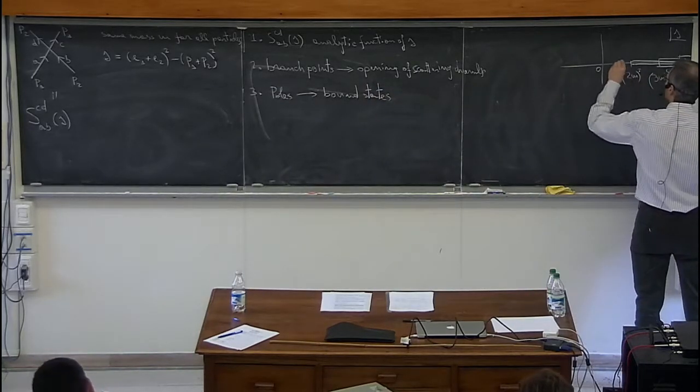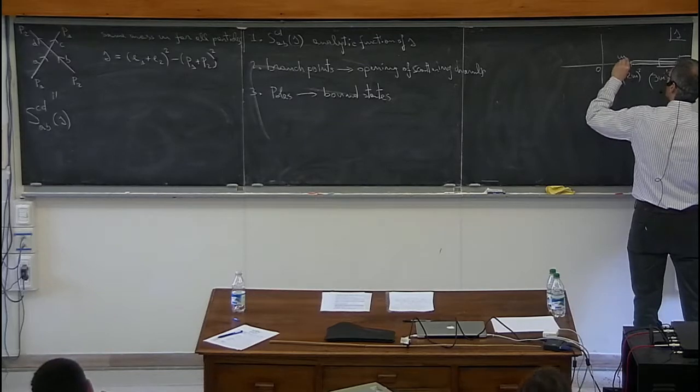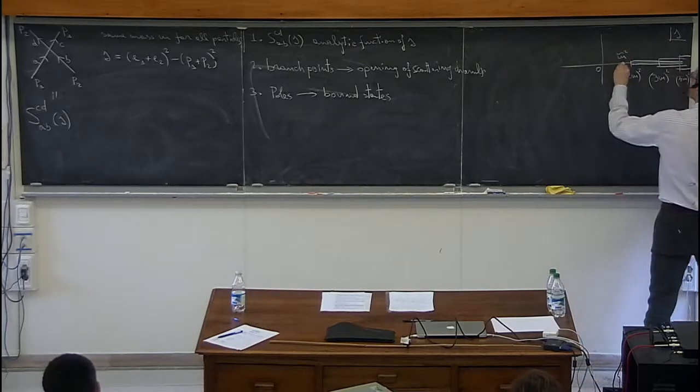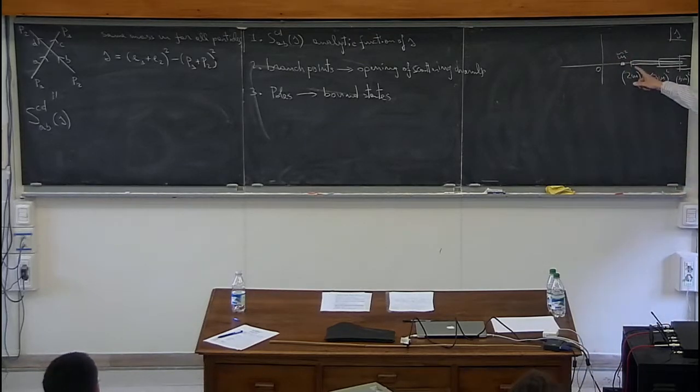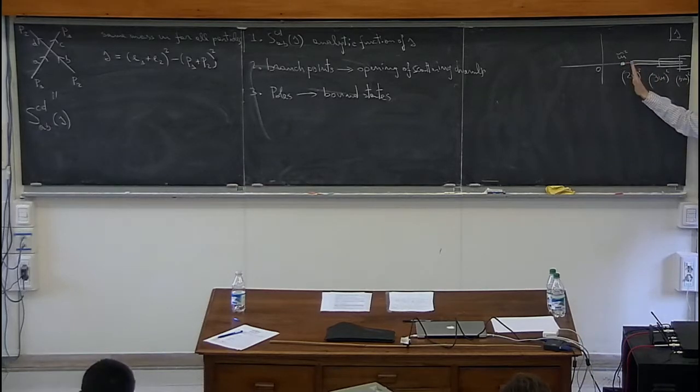And this bound state will appear as a pole below the threshold. The bound state, to be stable, needs to have energy smaller than the sum of the two constituents, so it will be below the threshold. You can have one or more. For each one, you have a pole.